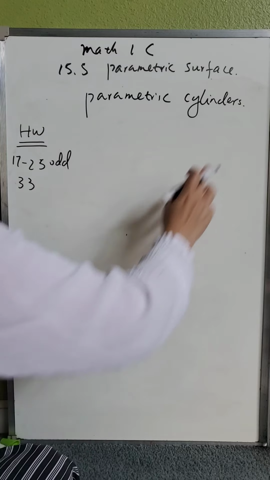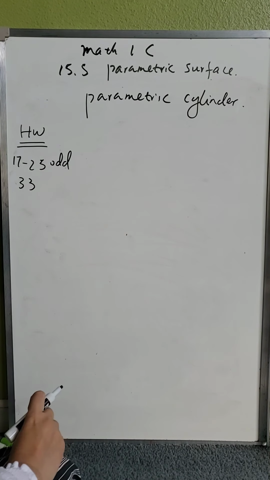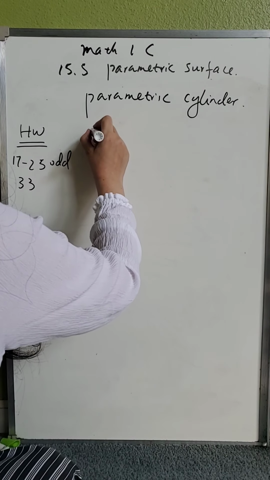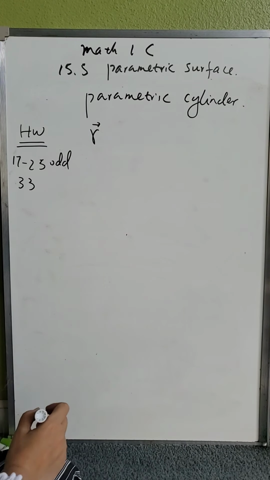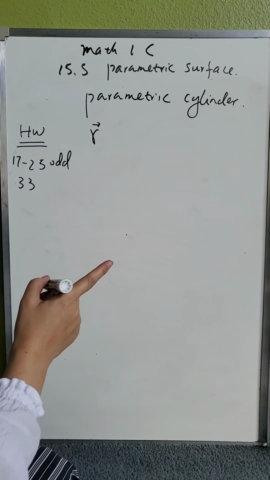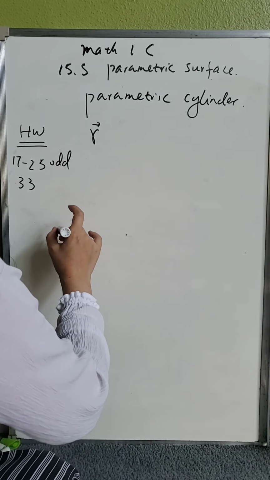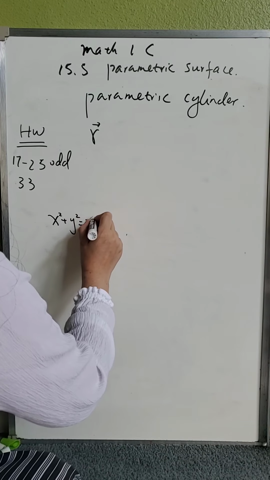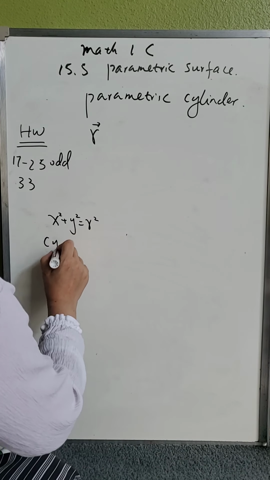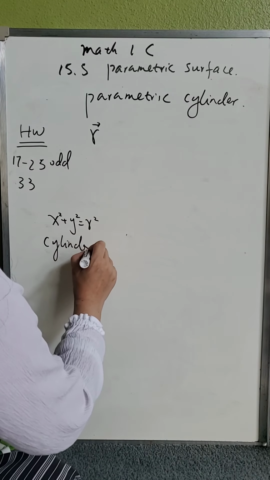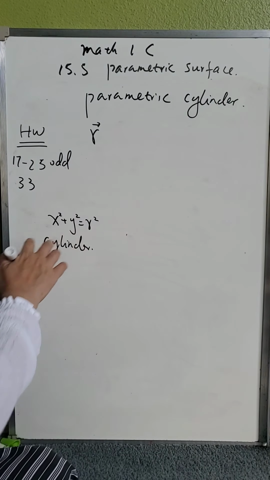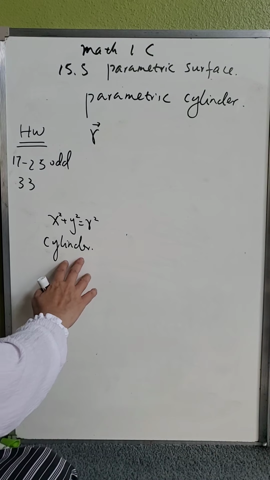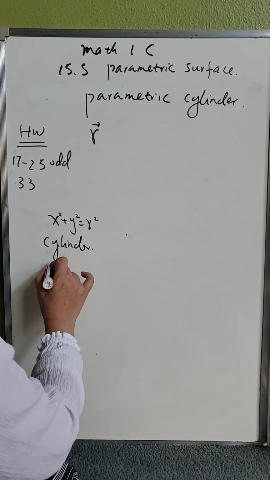Basically, cylinders are usually given like this, and I'm going to just use one of them. x squared plus y squared equal to r squared is a cylinder, right? We know that. Then z is missing. We use this one so often because of this shape.